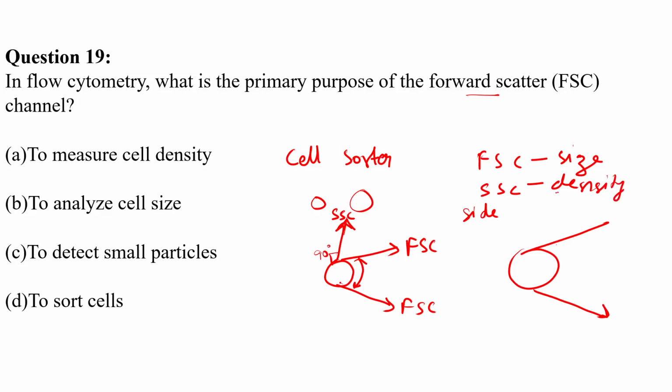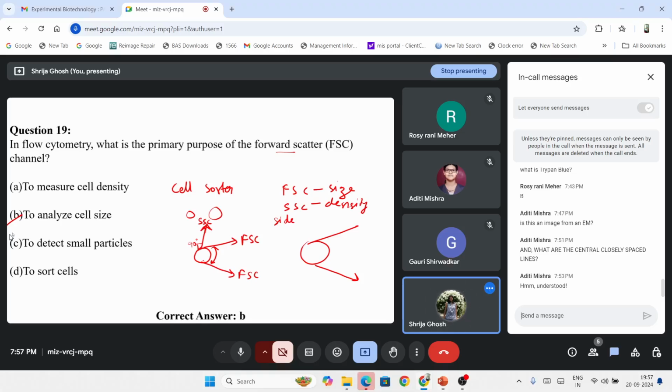If I have a very dense sample, most of the light will be side scattered and we will see very little forward scattering. Whereas a lighter sample that is not very dense will show more forward scattering and less side scattering. So forward scattering is used to measure the cell size. So option B is the correct answer here.